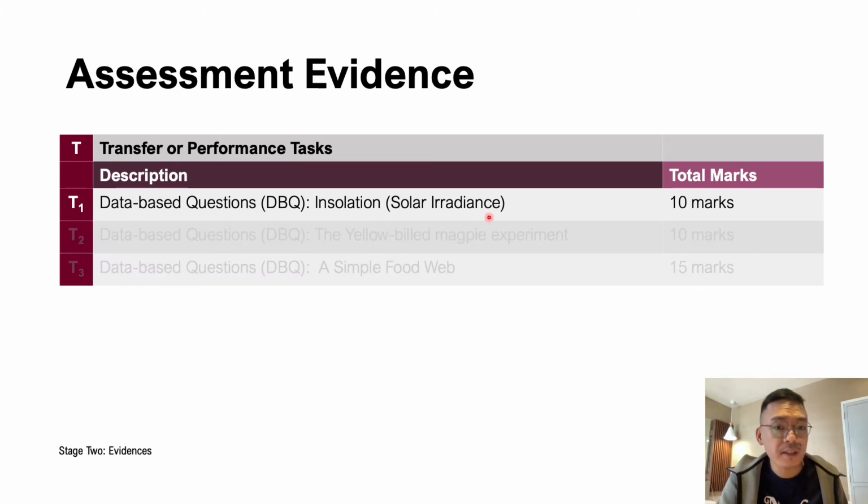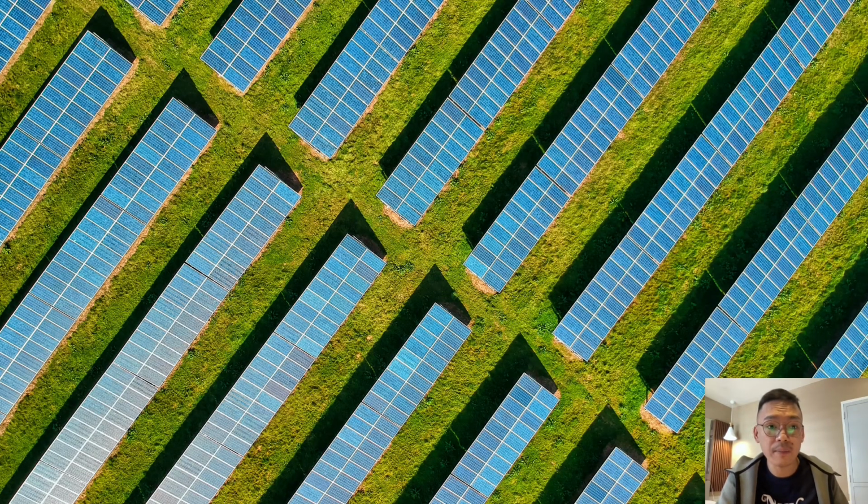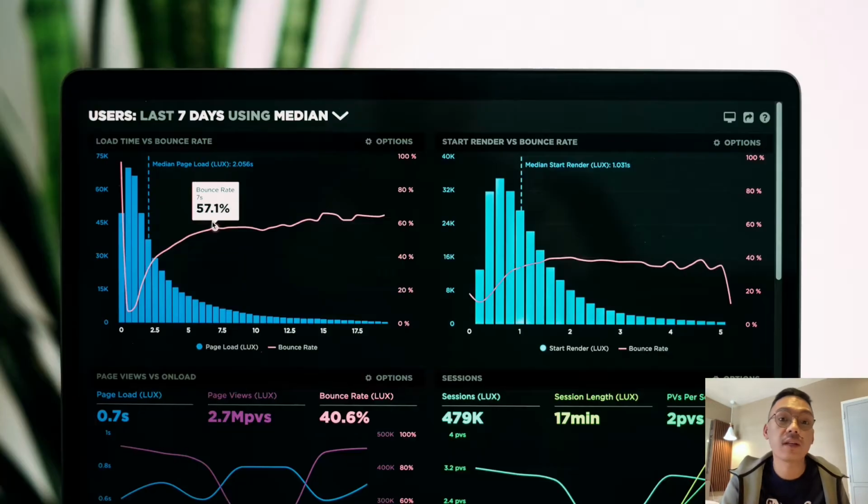The insolation is all about solar irradiance, if you're familiar with it: the power per unit area received by organisms from the sun, the solar energy, which is a kind of electromagnetic radiation measured via the wavelength range of the measuring instrument.